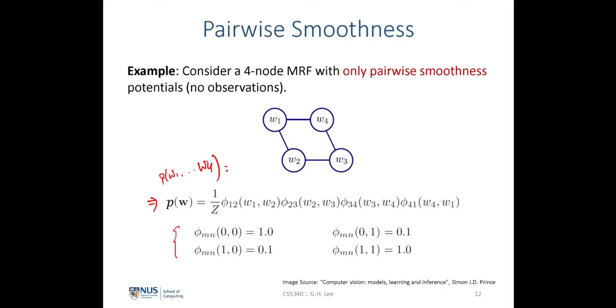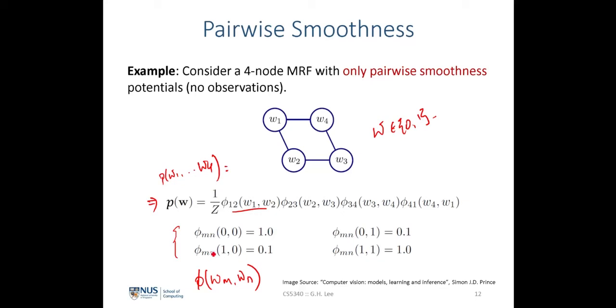So since we said that we want neighboring pixels, or those that are in the clique, to take the same label as much as possible, what this means is that for any neighboring pairs of pixels over here, W1 and W2, or in more general terms, we talk about the neighboring pixels of Wm and Wn over here, we want both of them to take the same label as much as possible. Since we are talking about the binary labeling problem, W is going to take a state of 0 or 1, and we want it to be as smooth as possible.